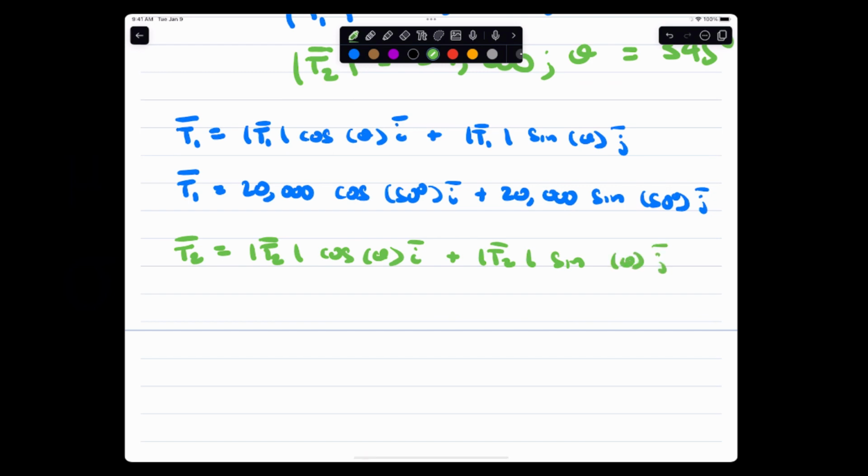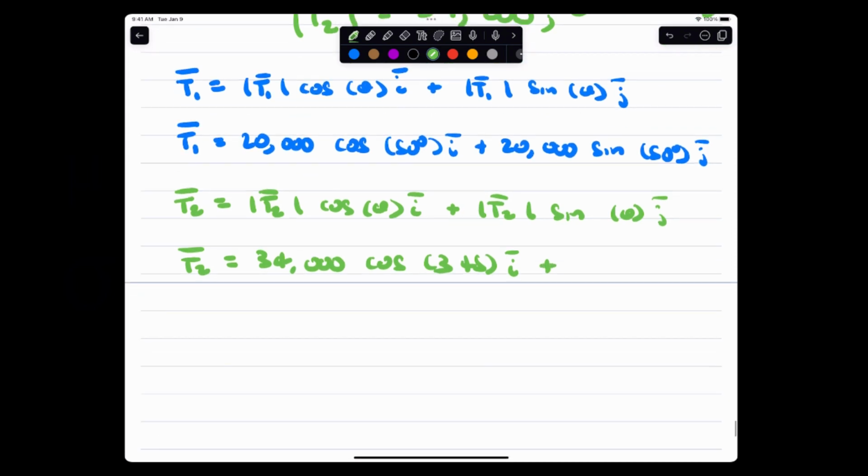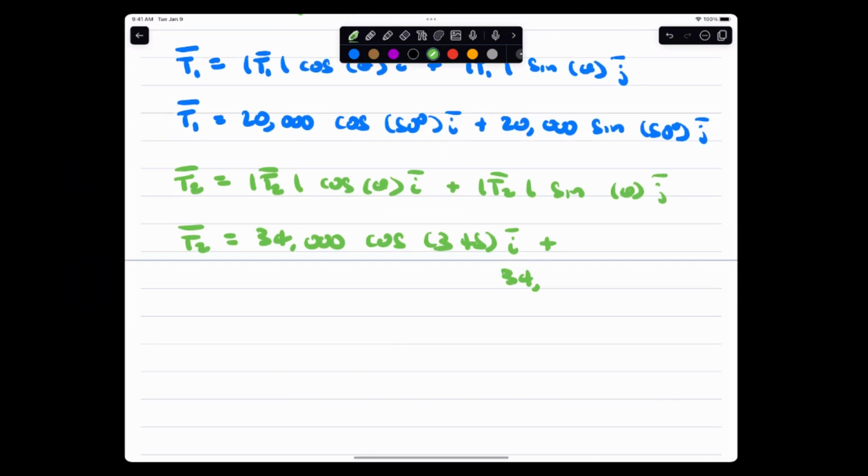But you need those standard angles. 34,000 cosine what? 345 degrees i plus 34,000 sine of what? 345 degrees j.